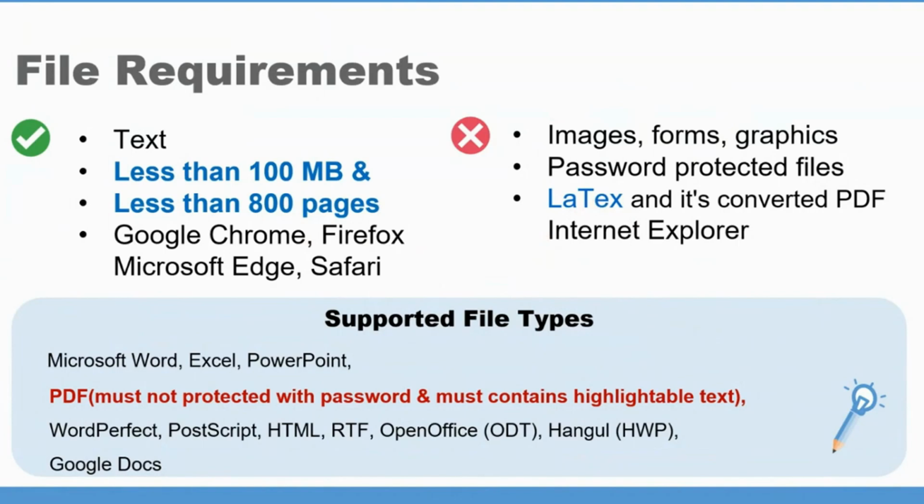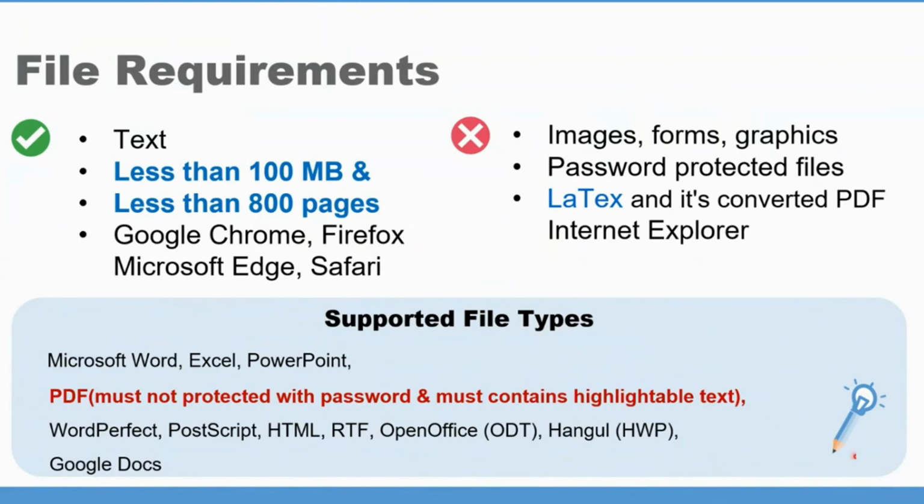Here are the different file types that can be accepted, for example, DOC or DOCX files generated by Microsoft Word, or PDF. If you plan to upload a PDF file, please remember that a PDF generated by Adobe Acrobat is recommended.